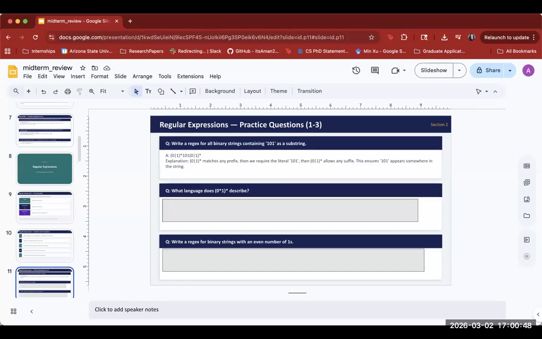This could also be because you have 0, 1, and then you have a Kleene star here, right? So you could have 0, 1, 0, 1. We could have again 0, 0, 1, 0, 0, 1. You could have absolutely nothing for 0, and then you could just have 1.